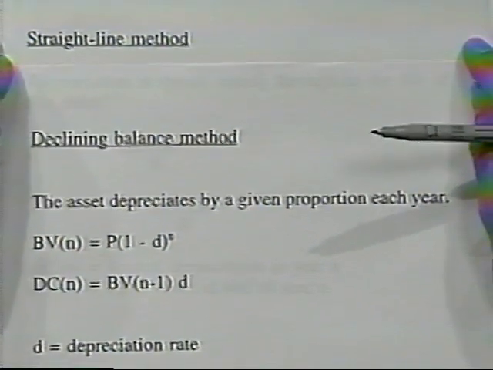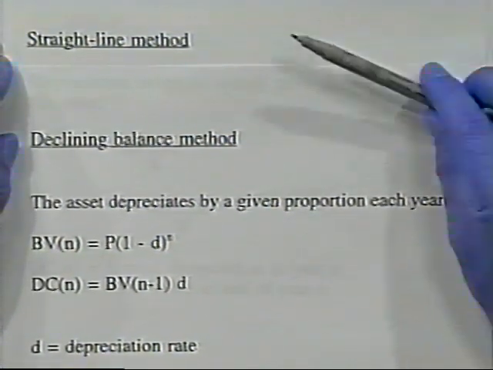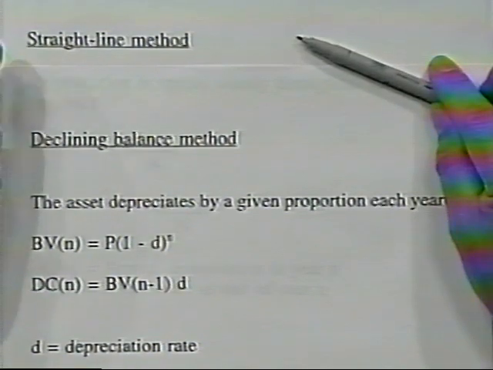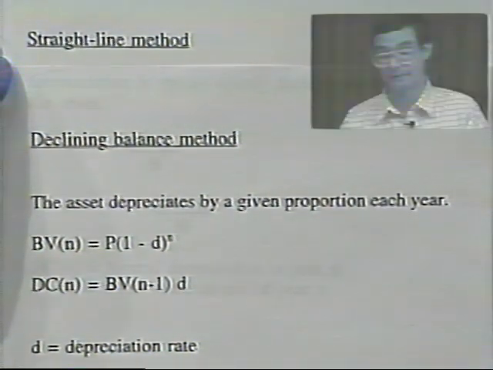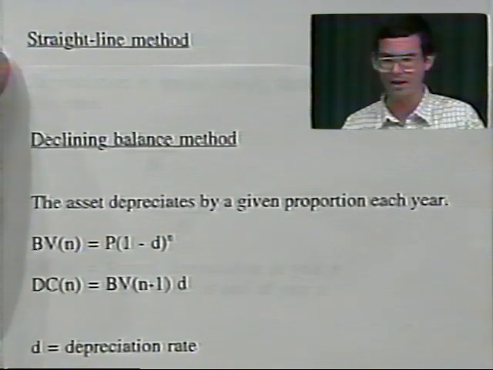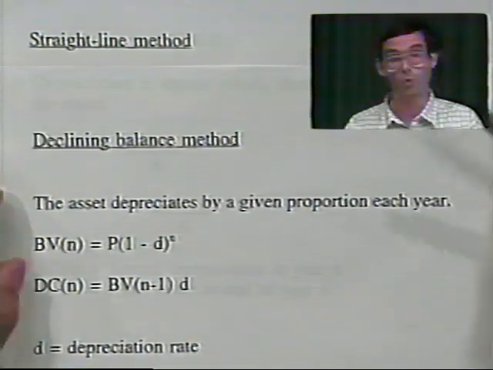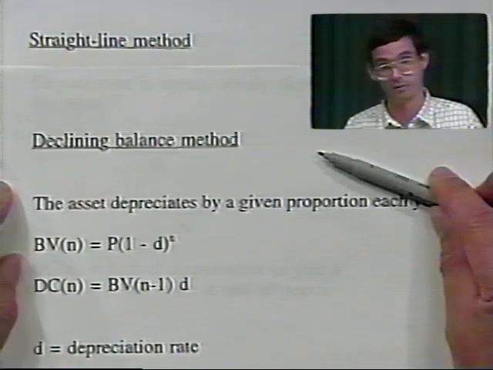So we have these 2 techniques, the declining balance and straight line method for calculating depreciation. And by and large, the way to distinguish between them in terms of use is that for internal calculations of the worth of the company, straight line method is probably advantageous because it gives a relatively high value as the remaining value to the assets, and thus perhaps evaluates the company as having more worth than would be otherwise calculated using the declining balance method.